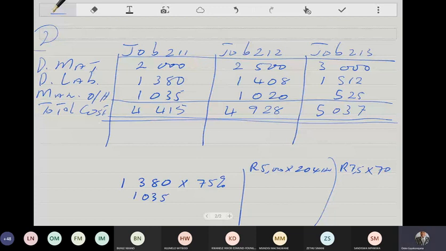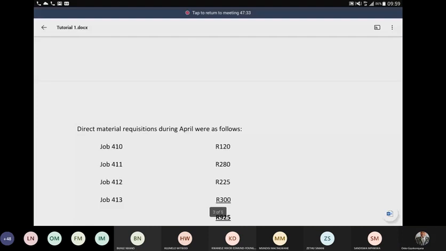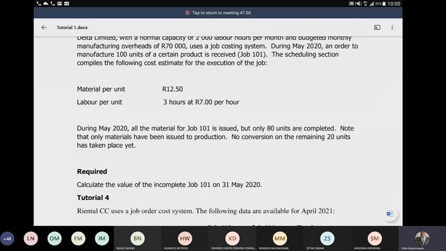So we'll look at other tutorials again. Just have an attempt on your own and see if you are able to calculate these tutorials. But this is where we end today's session.